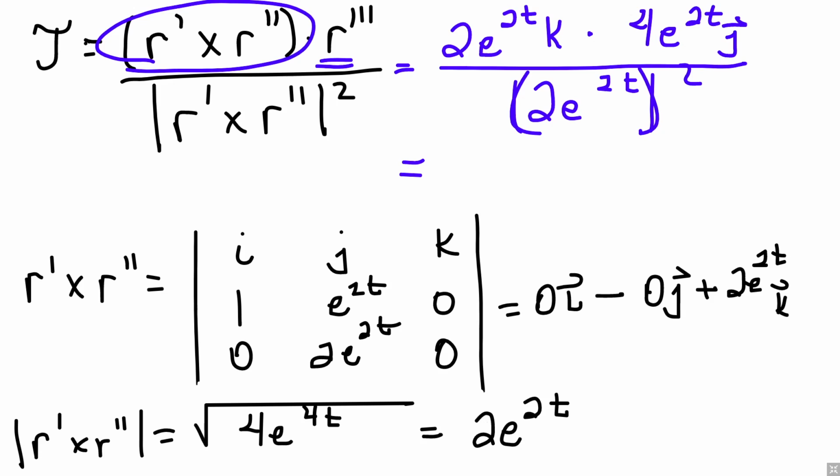As far as the dot product in the numerator is concerned, what is it equal to? Yeah, it's equal to 0 over 4e to the 4t. So our torsion is 0. Any questions there?